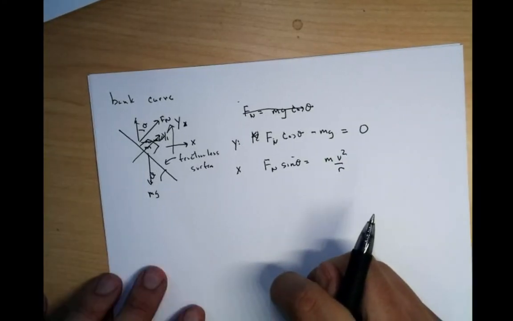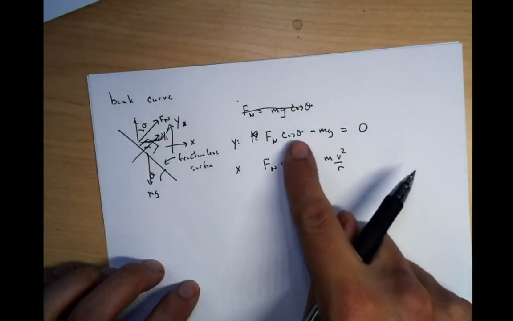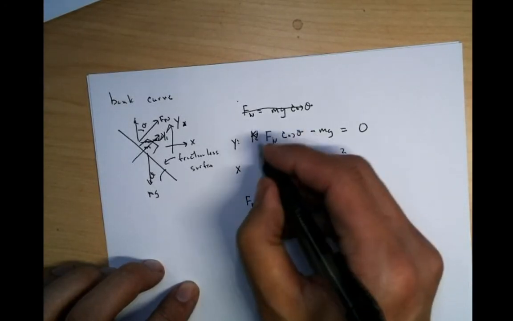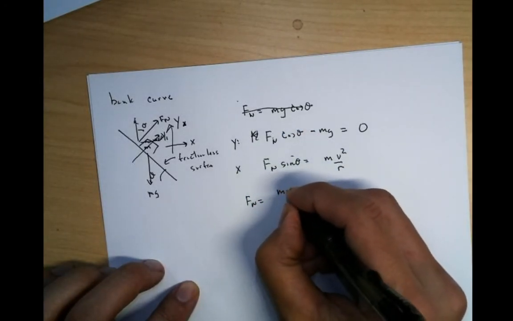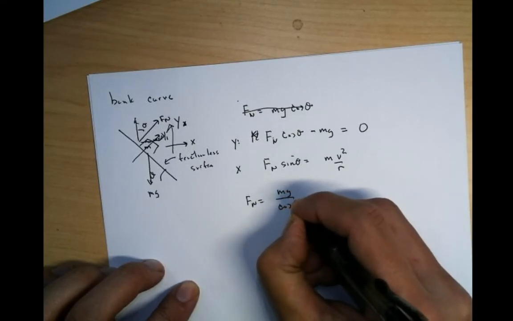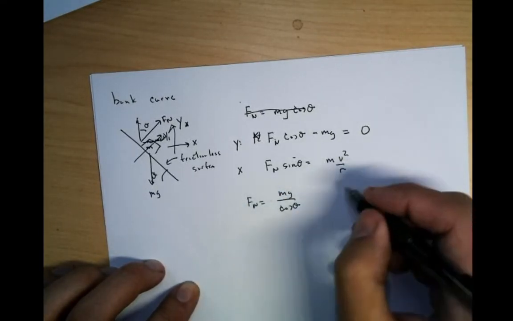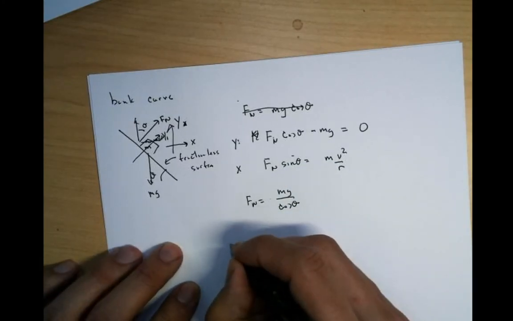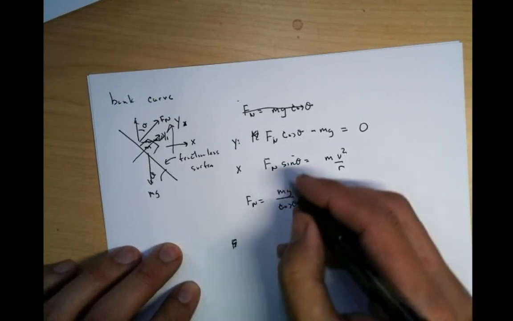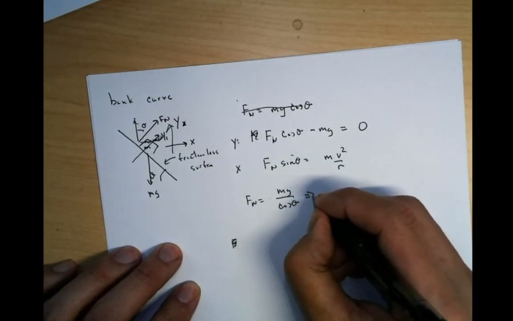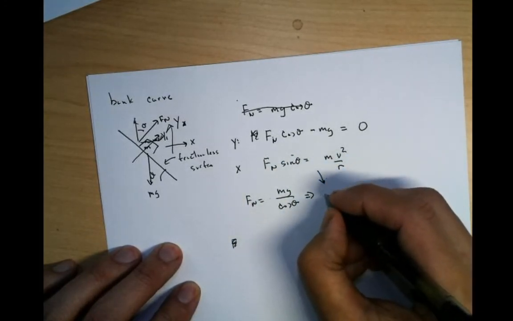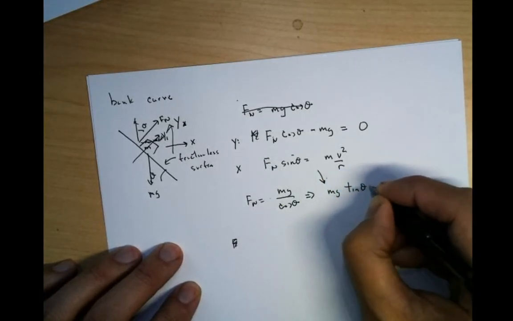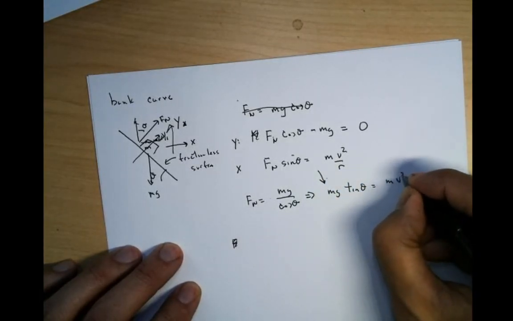Okay? All right. So what we have here is that the normal force from this one is equal to mg over cosine theta. All right? And we plug it into here. What we end up getting is mg tangent theta is equal to m v squared over r.